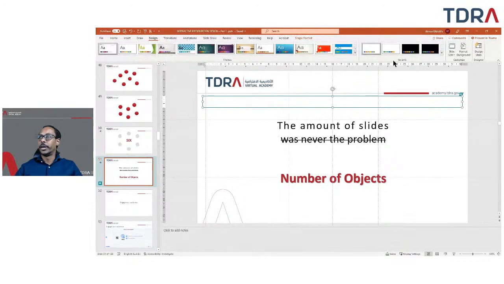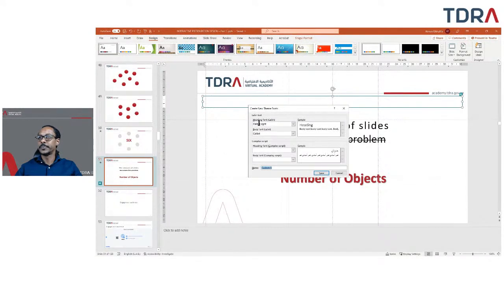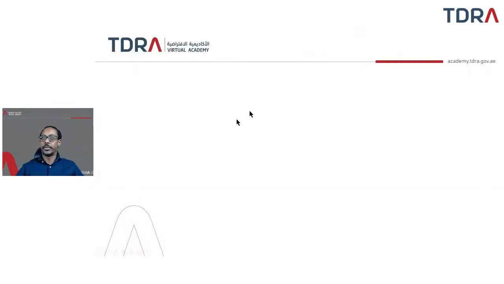And for fonts, same place, fonts, you get to customize if you want the header font and the body font. You do this first, before you start doing anything on your presentation, and it will be set for the whole presentation.